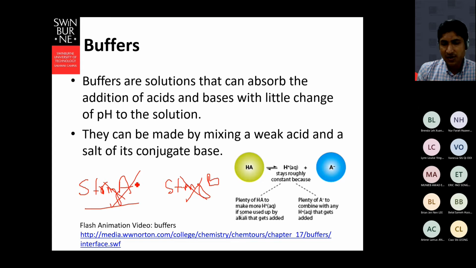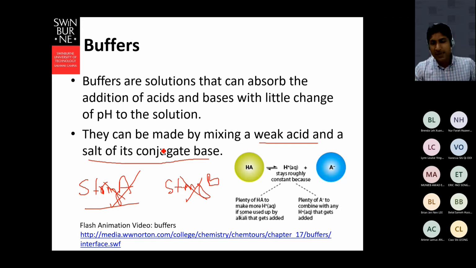First thing, if there is a strong acid or strong base, they are excluded. They are not qualified. The first step, they are gone. It must be a weak acid and the salt of its conjugate base.